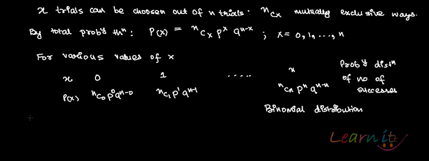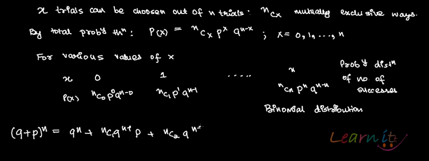All of these are the terms in the binomial expansion of (q plus p) to the power n. If you expand it, you'll get nC1 q to the power n minus 1 p, nC2 q to the power n minus 2 p squared, and so on to nCn q to the power 0 p to the power n.